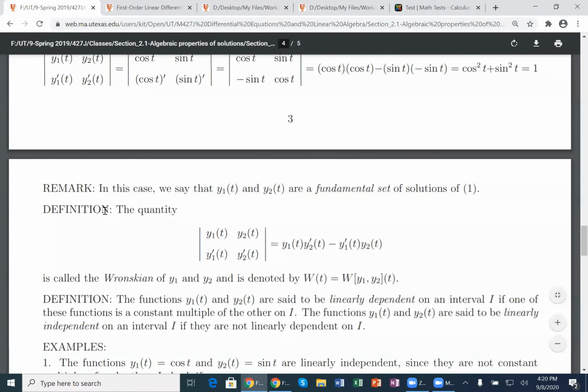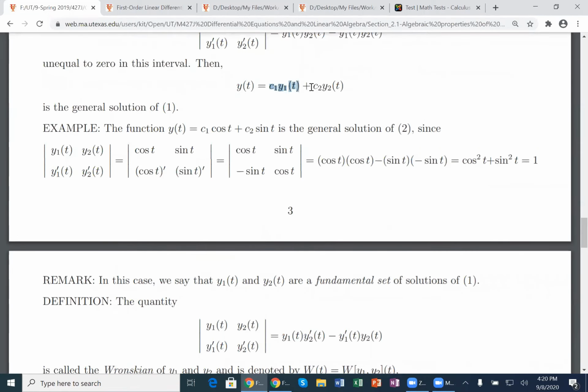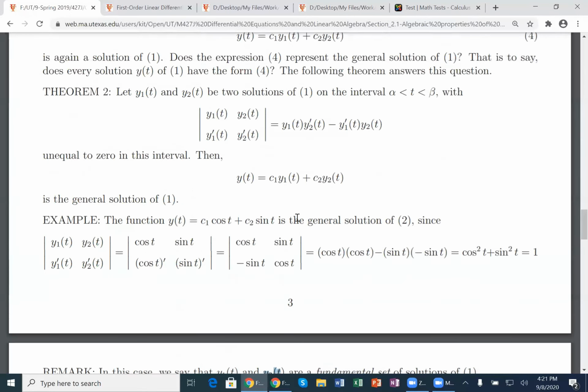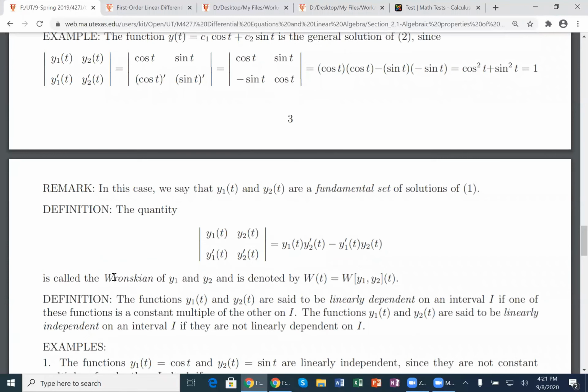Last thing, if C1y1 plus C2y2 is the general solution, we say that y1 and y2 is a fundamental set of solutions. Moreover, we call this 2 by 2 determinant the Wronskian of y1 and y2.